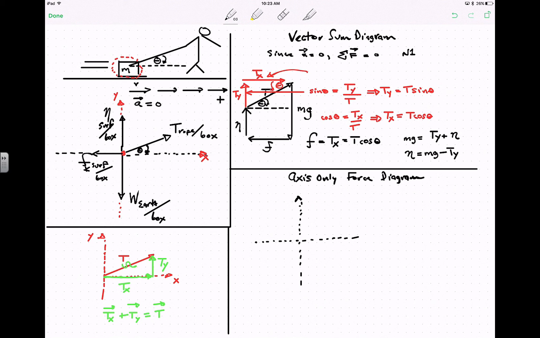So we're breaking up any force that isn't in our xy axis so that it's along our xy axis. And however many forces are not along your defined xy is how many forces you have to break up into pieces or component vectors. The components must add to that vector so that you can replace the vector with the components. I know that was confusing. I think when I draw it, it'll make more sense.